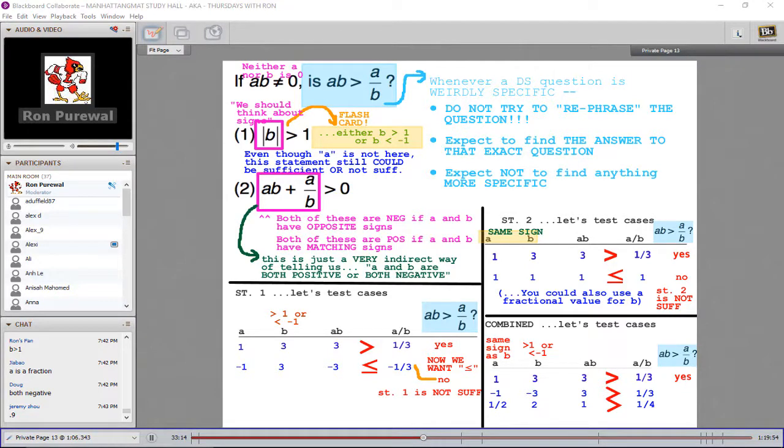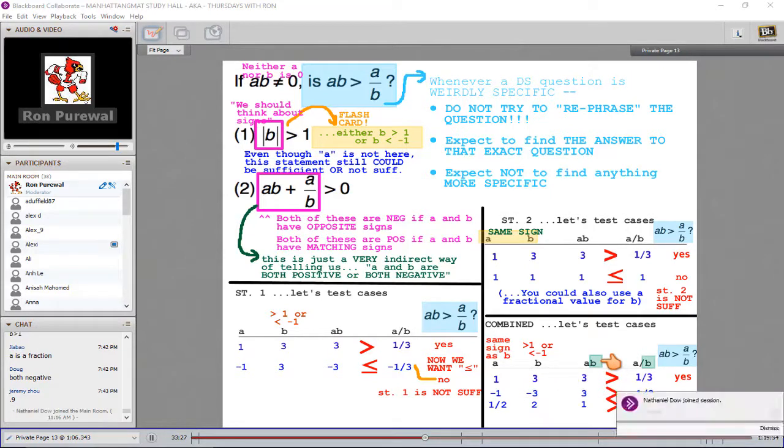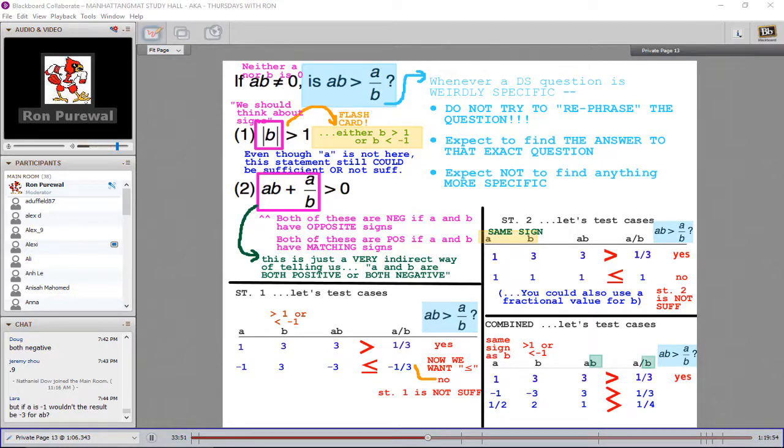But if you think about it conceptually, this is multiplication by B right here, and this is division by B. If B is bigger than 1, then multiplying by B will make something bigger, and dividing by B will make it smaller. That's what it does with positives, and remember that negatives will just do the same thing. So eventually, after enough plugins, you're going to discover that AB is always going to end up being bigger than A over B. So it's always going to be greater than.